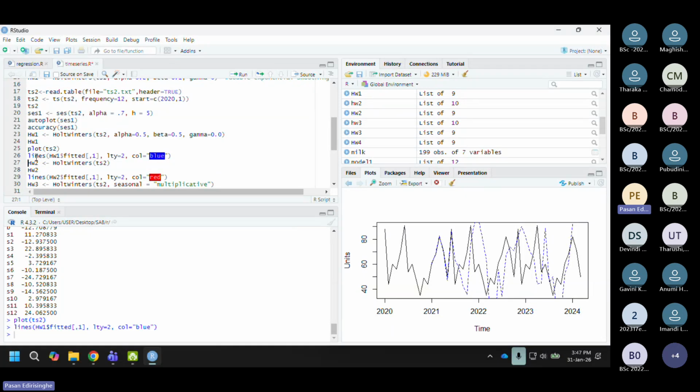On top of that, using this lines command, I can fit that HoltWinters prediction there. This is indicating the HoltWinters prediction in blue color, right? So using that HoltWinters command there.